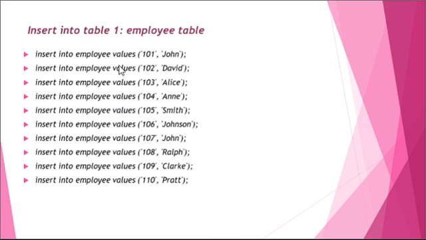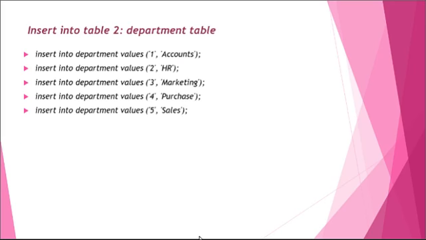Now we have inserted all the rows in our employee table, that is our table 1. We have inserted 10 rows with employee ID and employee name. Move to the next table. Here is the department table, and we have inserted department ID and department name.